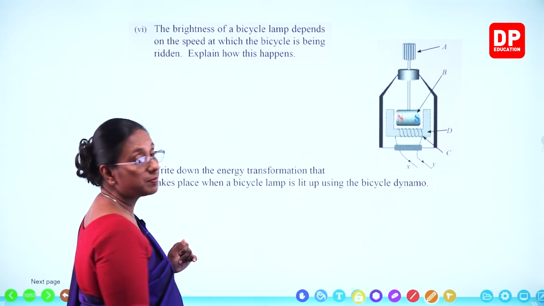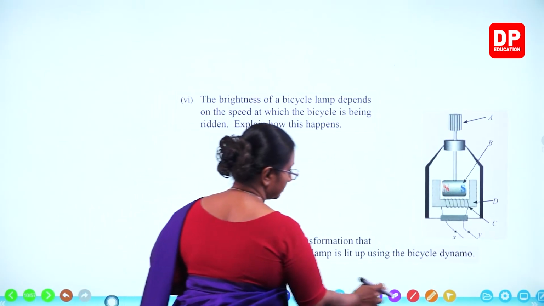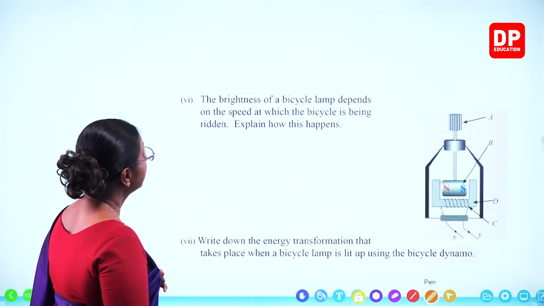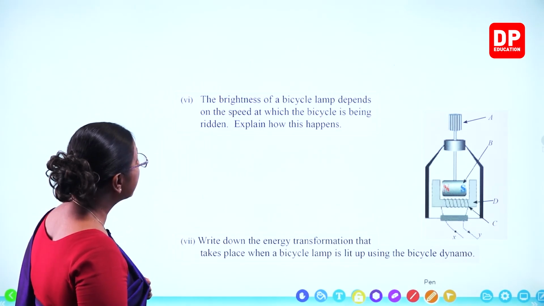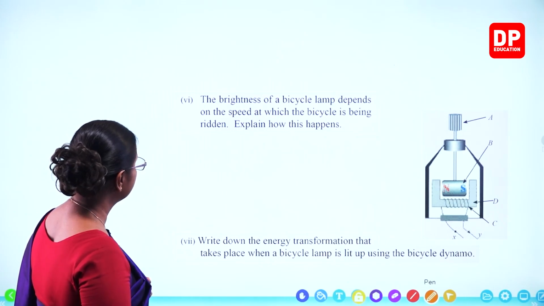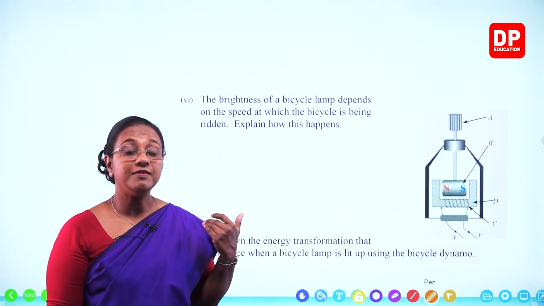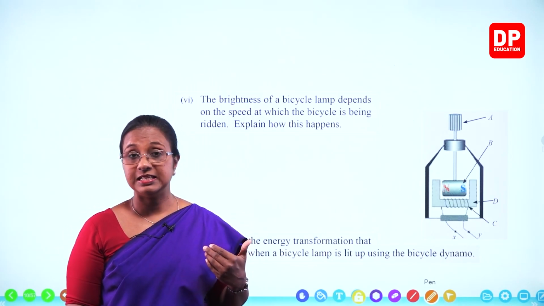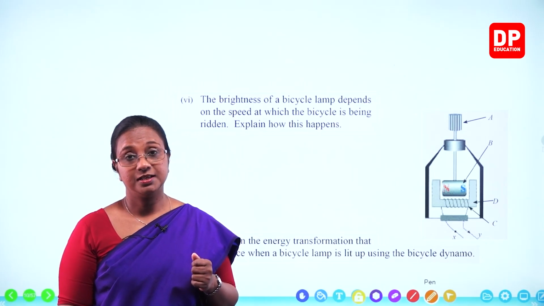That is the sixth part of the same question. There you can see the brightness of a bicycle lamp depends on the speed at which the bicycle is being ridden. Explain how this happens. Now already we wrote the factors that determine the magnitude of the current.